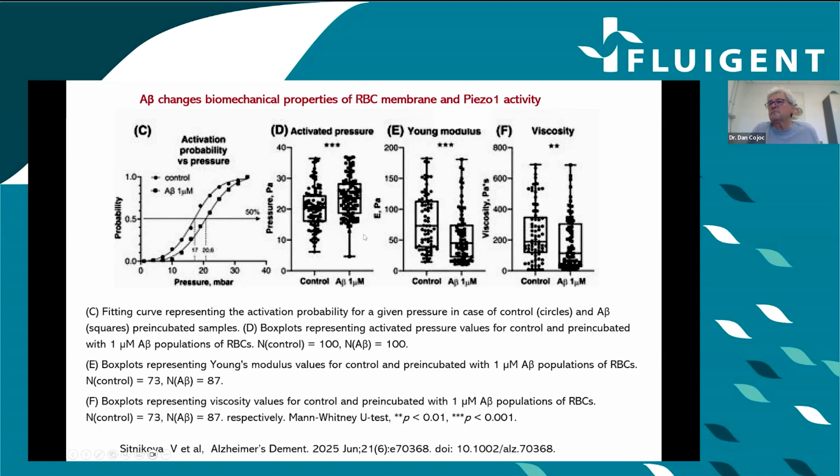Then here are the representations of the distribution of the values of the activation pressure, which is increased, and of the mechanical properties, Young's modulus and viscosity, which are decreased, so are reduced by treatment.